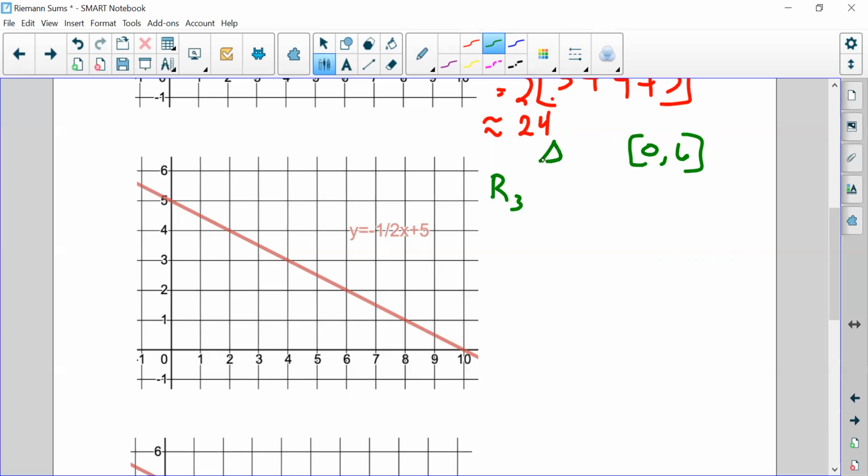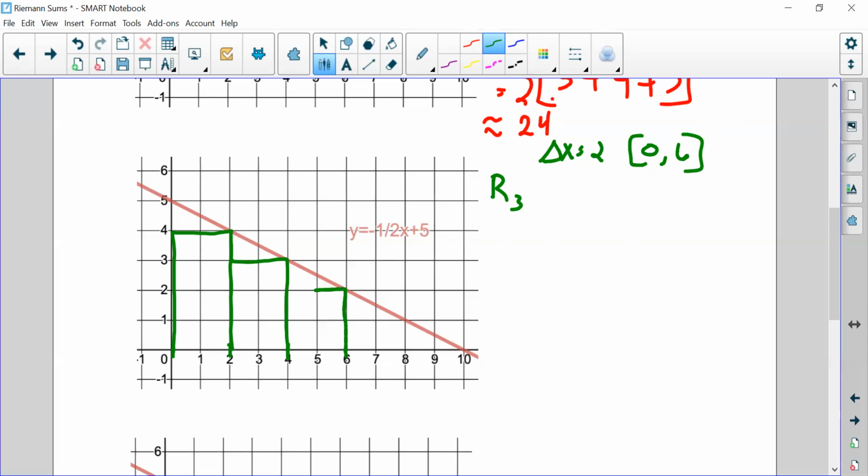Okay, so my delta x stays the same. It's still 2. I'm going to partition my x-axis: 2, 4, 6. But this time, I'm going to use the right endpoint of each rectangle. So it's going to start at f of 2 and get my height. Then my f of 4, get my height.